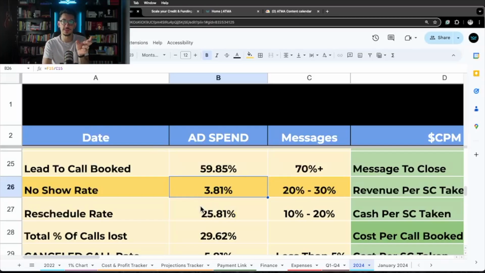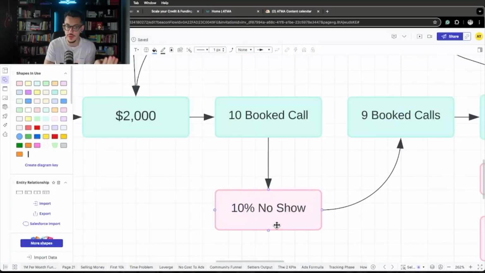If you have another system that is not the DM system, that is just self-book or give me your information and I call you, this could be a lot higher. That's the reason why we have a 3% no-show rate. I put 10 here just to average it out, but I'm showing you how it could be even lower than 10%.